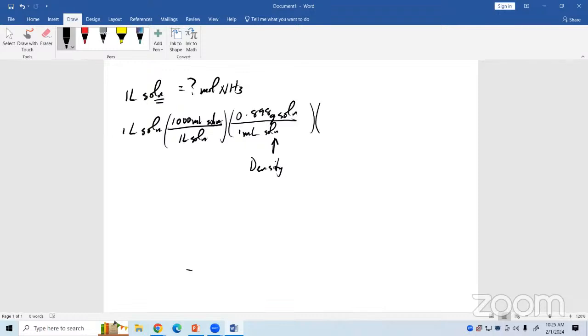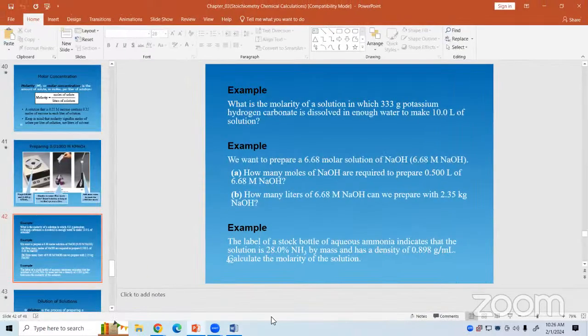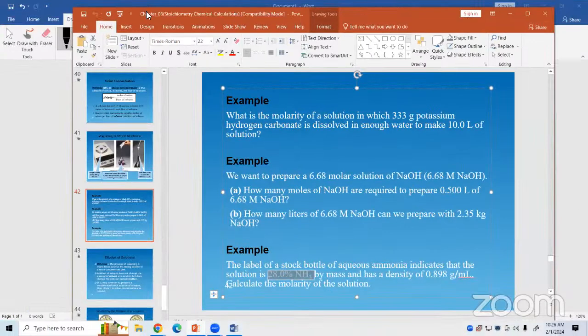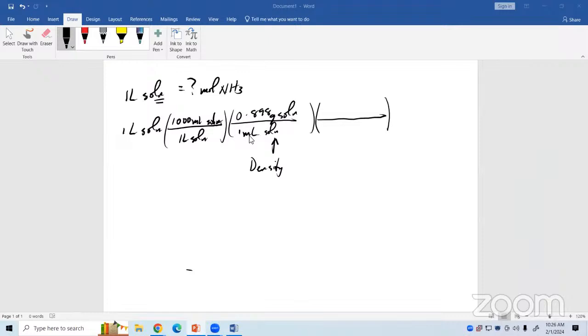The next step is where I will find out the amount of ammonia that is present in this much solution. That information can be obtained because they gave us the percentage of ammonia by mass in the solution, right? So up to this point, we have determined the mass. Now we find out how much of that mass will be ammonia.